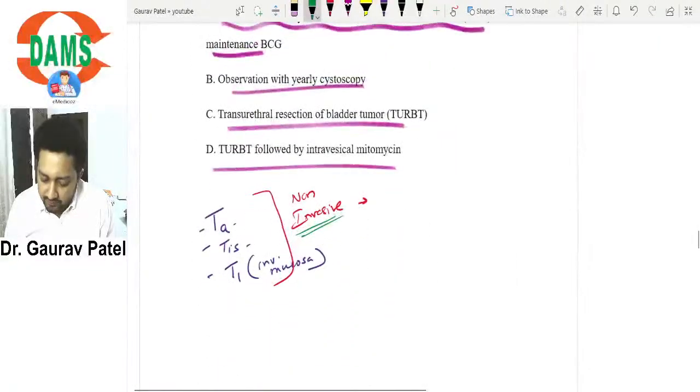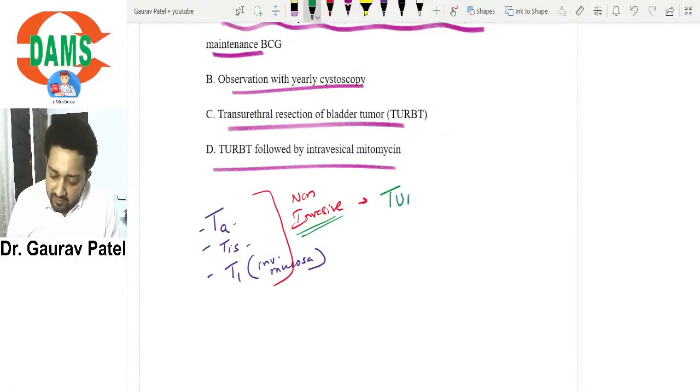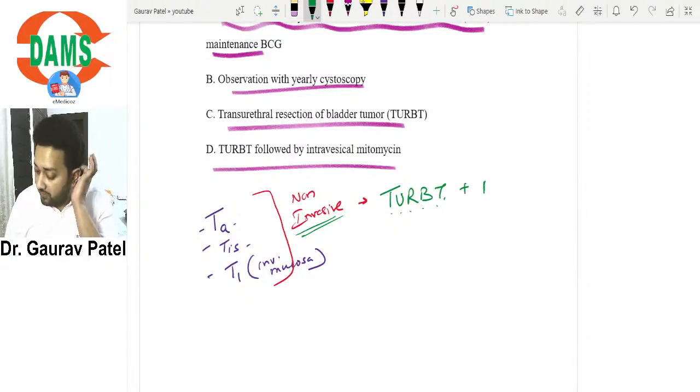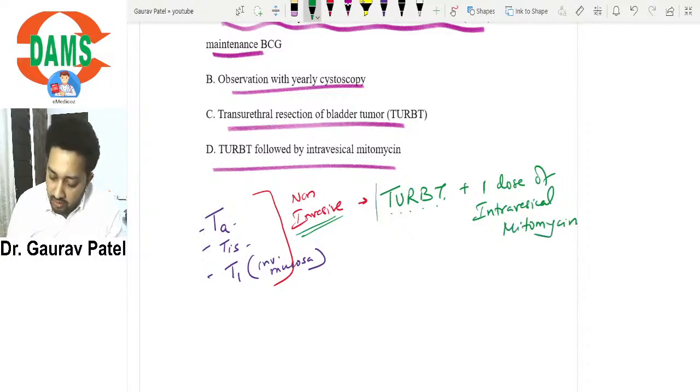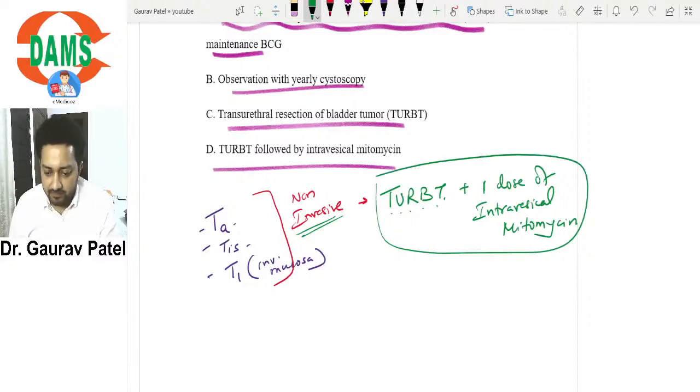See, what will you do after this? TURBT, transurethral resection of bladder tumor, and you will give one instillation of intravesical mitomycin post-operatively after the surgery.